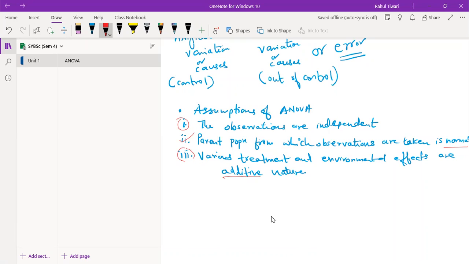You can use software like R, SPSS, or Excel, and then you can check whether the data are normal or not. Otherwise, manually it is not feasible to check the concepts of independence and normality. Okay, this is one part.